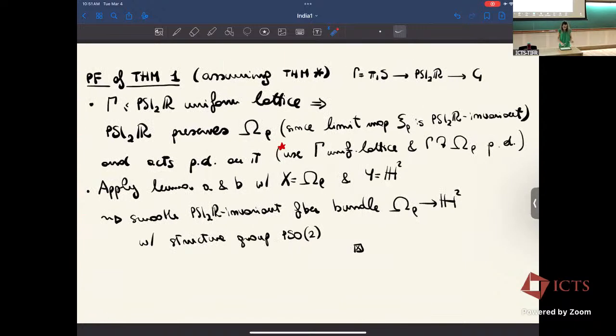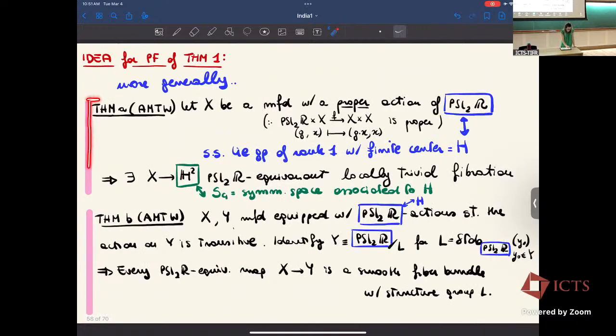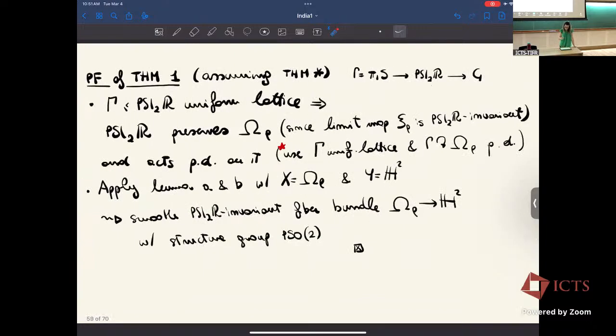Okay, so if you assume theorem A, or theorem A and B if you want the structure group, then our theorem really comes, because we have a uniform lattice, and from the fact that this is a uniform lattice, you get that our domain of discontinuity is preserved by PSL2R, because the limit map is equivariant, and PSL2R acts properly discontinuously on it.